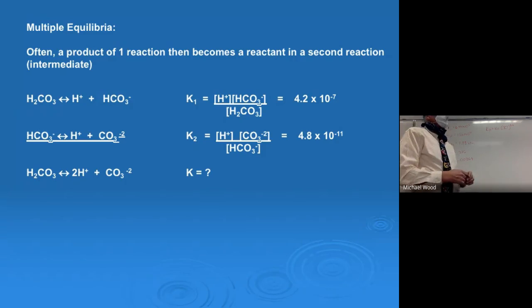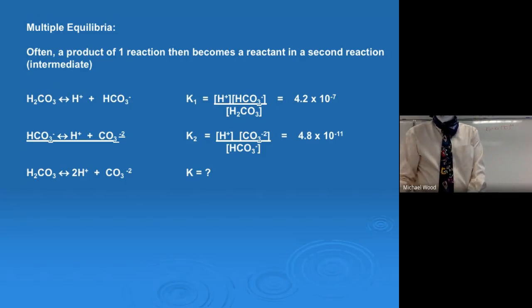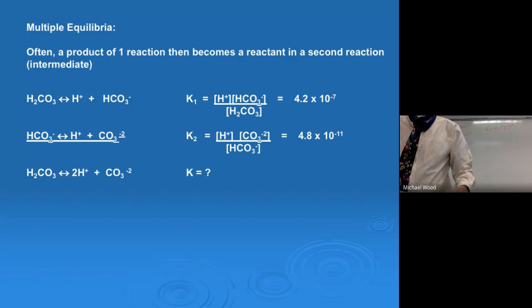Here's another way that delta H is different from K. For me, and again, now we're getting, I think that today is March 8th.